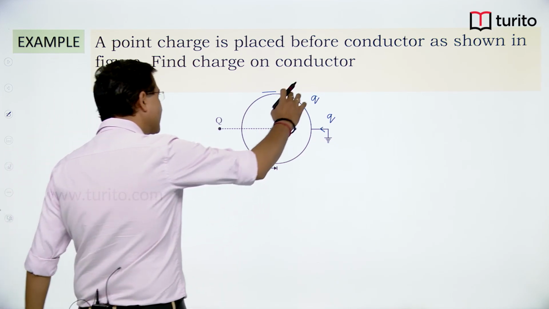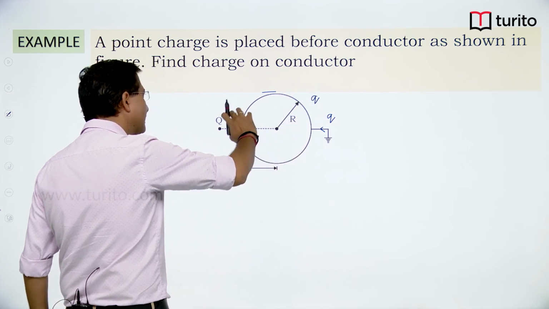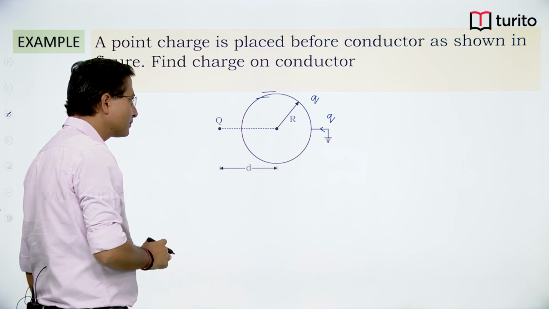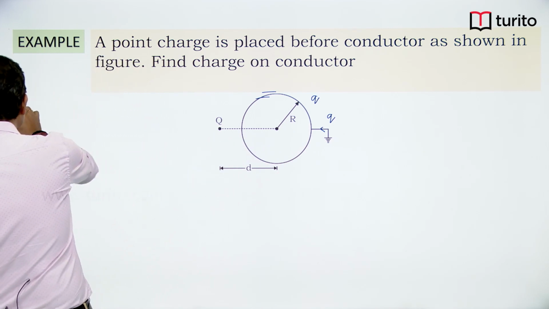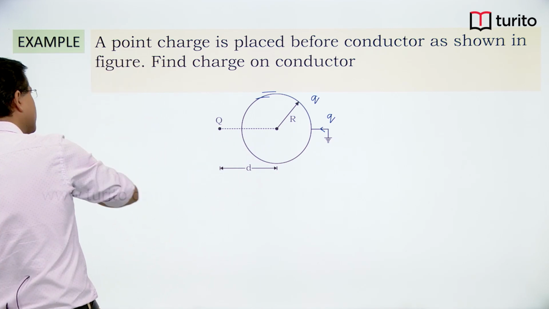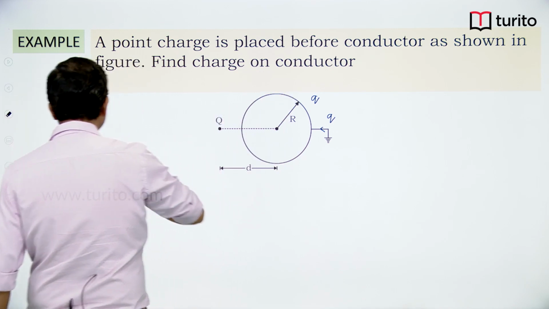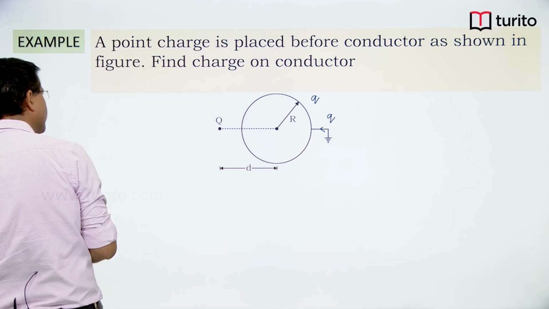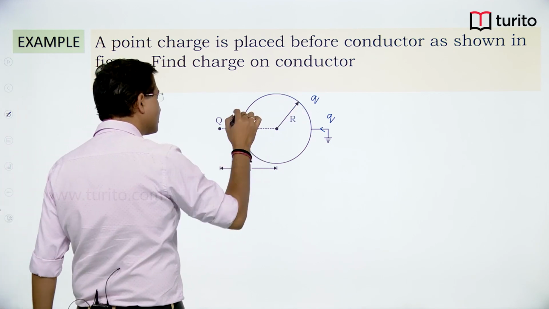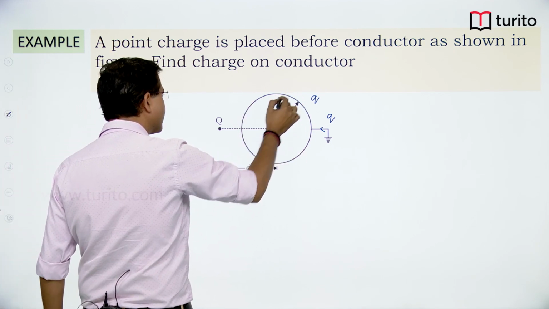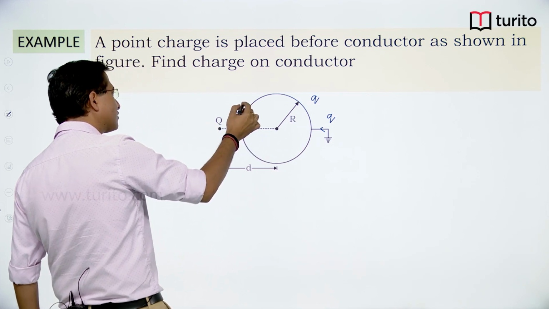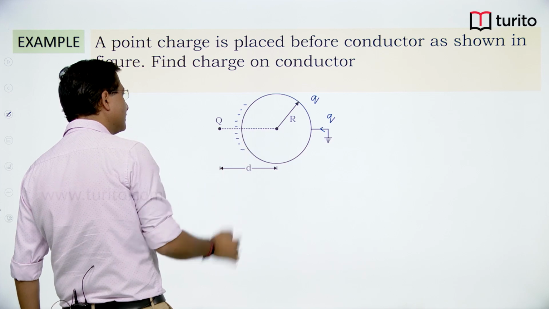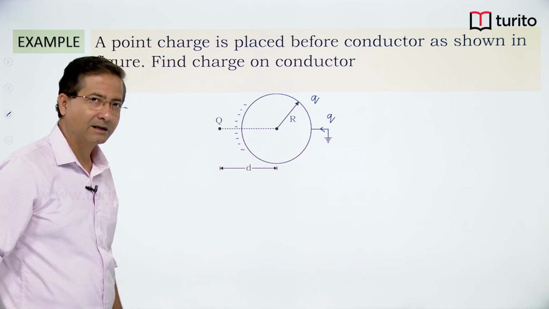So, what will happen is there will be a redistribution. Altogether on the surface, I can draw this charge and the induced charge this way, right. This will attract, or try to attract, electrons, and the process will take place till the electric field inside the conductor becomes 0.